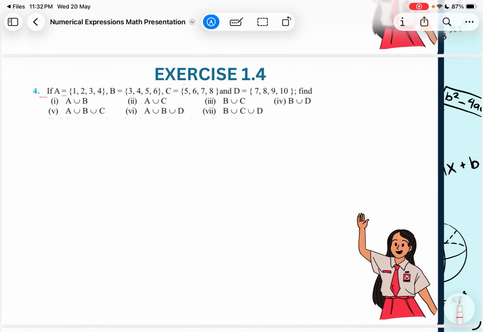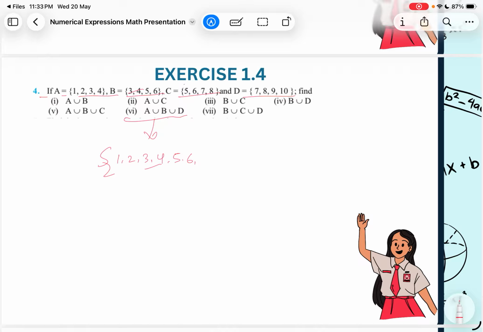Now question number 4: if A equal to this, B equal to this, C equal to this and D equal to this one, then find A union B, B union C, A union C. So let me just do this one. Okay, so A union B: we will write 1, 2, 3 and 4 first. 3 and 4 are already written here, you can see. 5 and 6 are not written, so we add 5, 6.